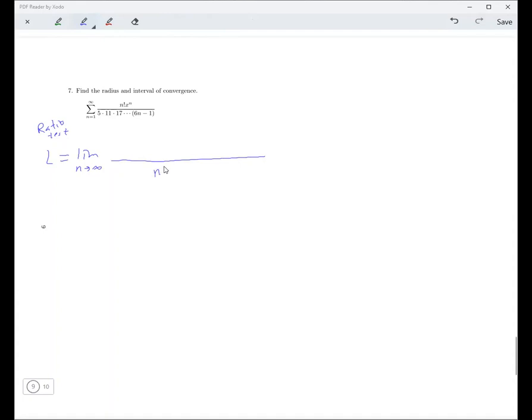You put the a_n term in the bottom like this, and then the a_(n+1) term in the numerator, and you have this extra term right here. And all that's absolute valued.